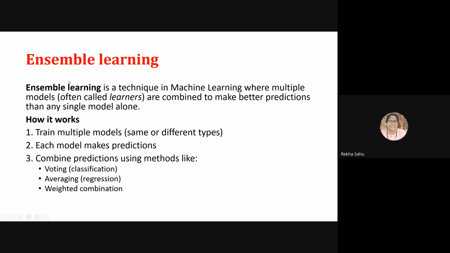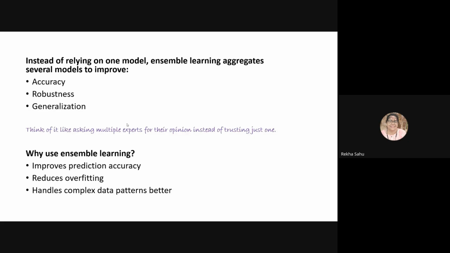That means you use multiple approaches, they are combined in some way, and you predict the values. By doing this, we get better accuracy, robustness, and generalization. Like one expert giving an opinion is less reliable than multiple experts analyzing and judging a decision; then it is better.